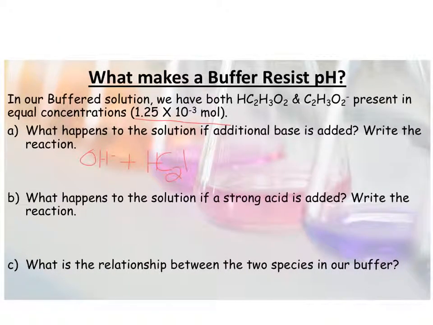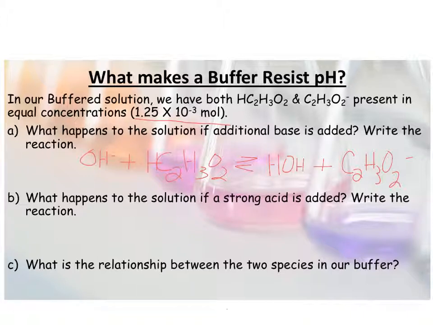So the acid is definitely going to react with our additional base, and it's going to give us water and then more of our conjugate base. This would be the written expression for the reaction.